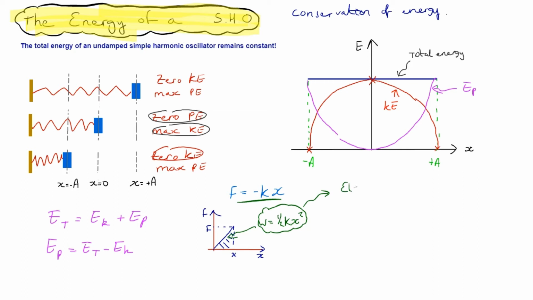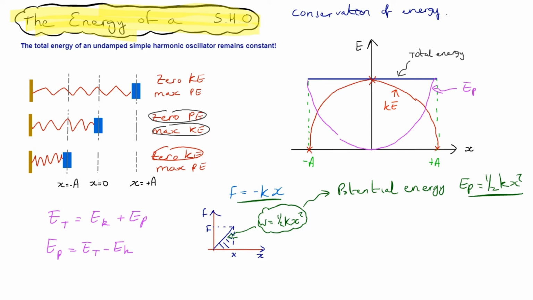So it's also the elastic potential energy if it's Hooke's law, or the potential energy if it's some other type of oscillator. So for the potential energy, EP, we have an expression. Great news. EP equals a half kx squared for any given displacement.